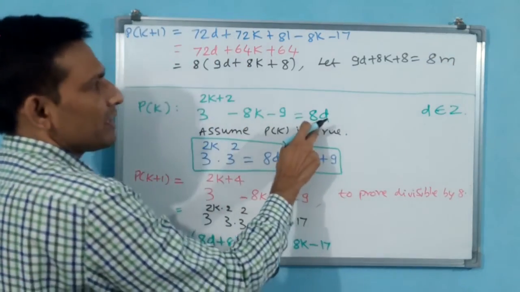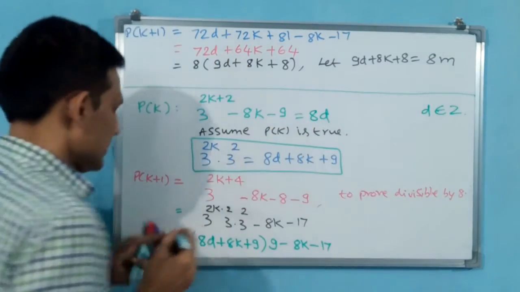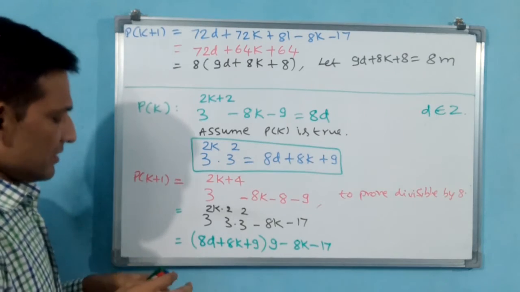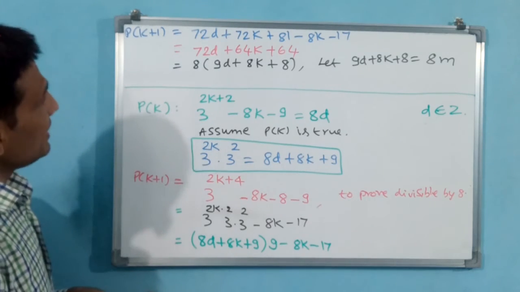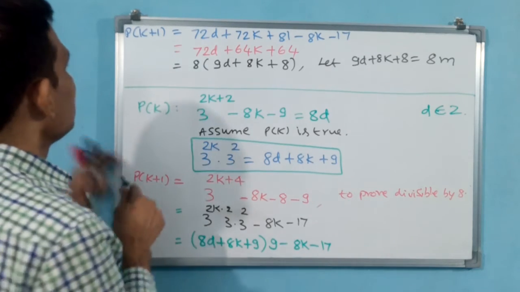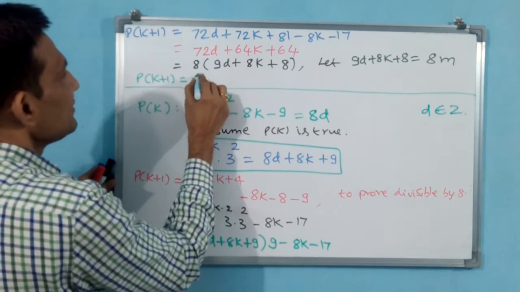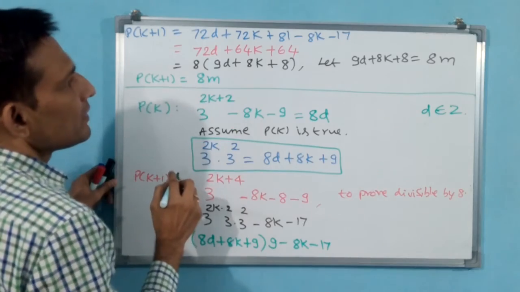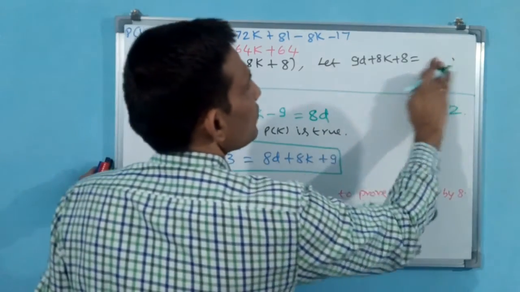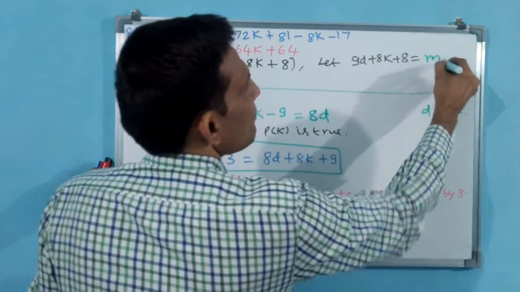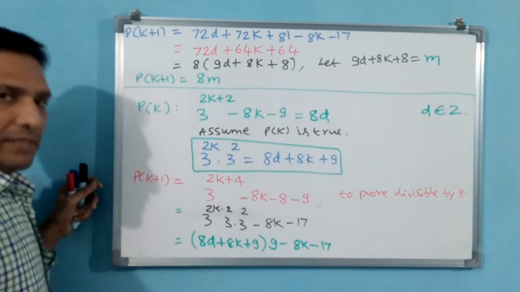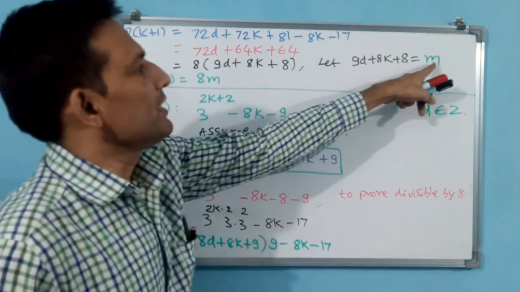Why? Because 8d already you have taken, 8m you have to take here. If you take that, finally what you are going to write? You are going to write like this. P of k plus 1 is equal to 8m. Oh, here you don't write 8m, you have to write m. This you have to take m.